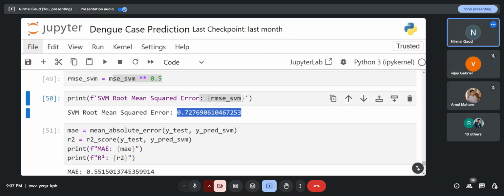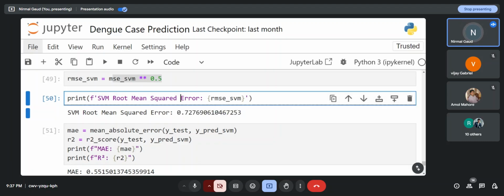0.727. See, if your MSE is less, then there is no sense of calculating RMSE. I am just showing you from my side. It is not at all mandatory to calculate RMSE. If your MSE is more, then we can try RMSE, to see what its result is.